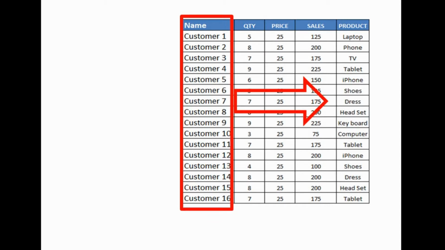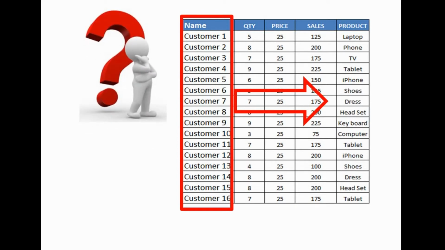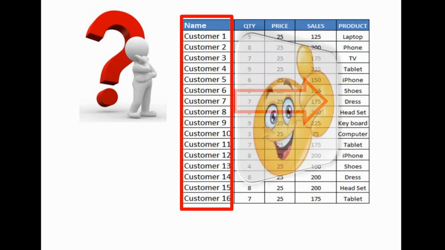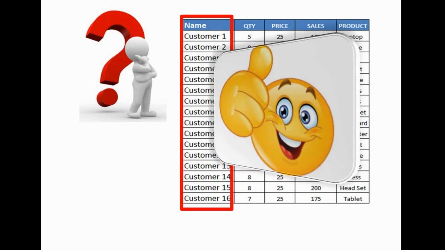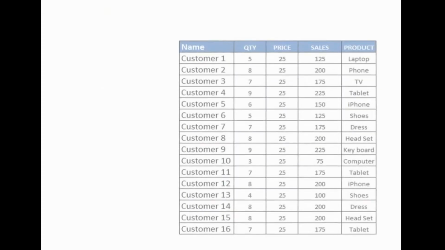So makikita nyo dito guys, we are looking from left papunta sa right. Kasi ang kailangan natin makuhang data is the product. The question is, can we use Vlookup here? The answer is yes. So, pwede natin gamitin ang Vlookup dito.